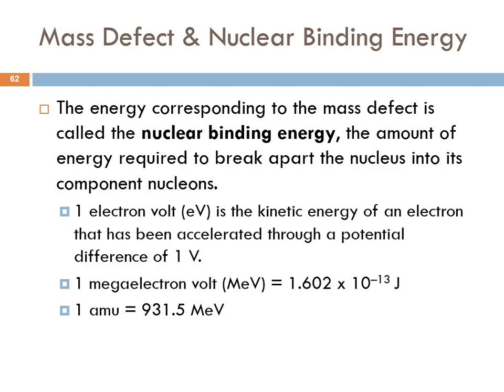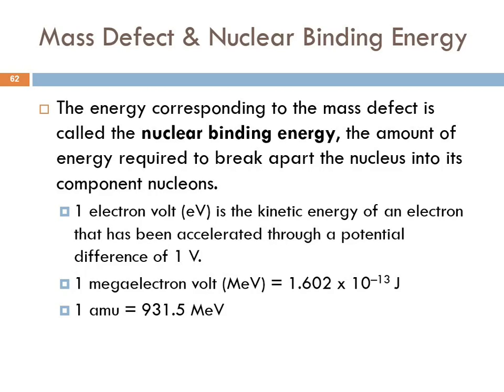We don't usually express this in joules or kilojoules. Nuclear physicists prefer electron volts or mega electron volts as needed. An electron volt is the kinetic energy of an electron that has been accelerated through a potential difference of 1 volt. Very creative name there, electron volt.